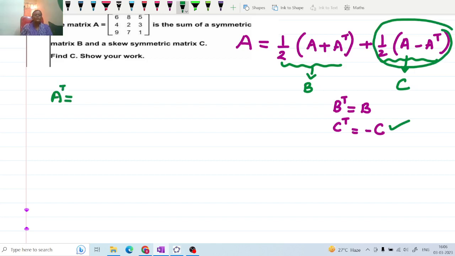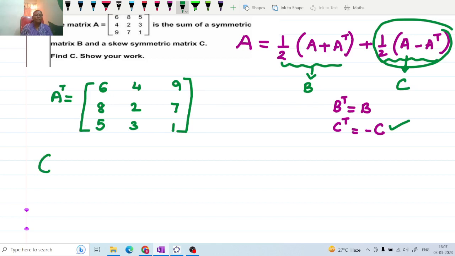I'll write the transpose. The transpose is interchanging of rows to columns. The first row becomes the first column. The second row, 4, 2, 3, is the second column. The third row, 9, 7, 1, is the third column. Right? So this is the matrix. Now, what is the matrix? It is half of the sum of the two matrices.